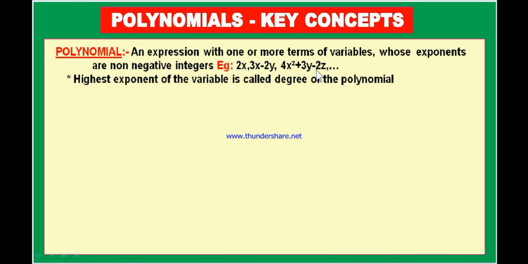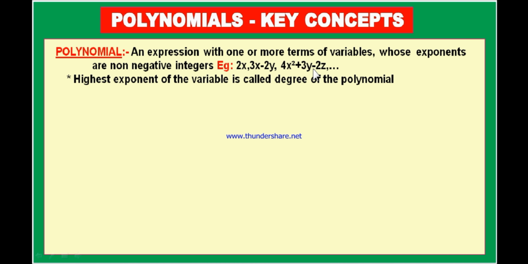But if you observe the third polynomial, 4x square plus 3y minus 2z. Here 4x square means the exponent of x is 2, plus 3y, the exponent of y is 1, minus 2z, the exponent of z is 1. Then what is the highest exponent of all the three variables?